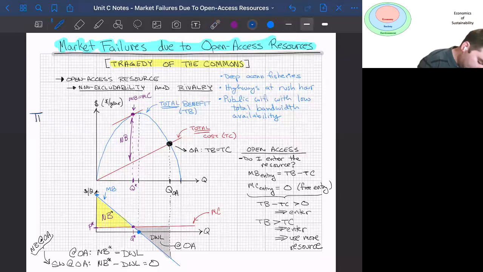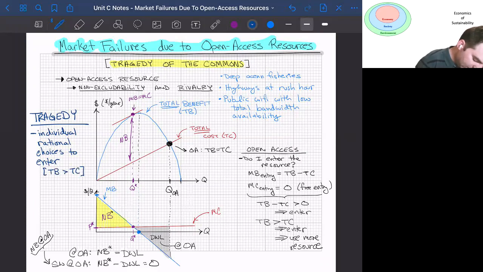The tragedy here is that individual rationality, or individually rational choices to enter, and so that would be that the total benefit is greater than total cost, so I may as well enter this resource, lead to collectively disastrous outcomes.